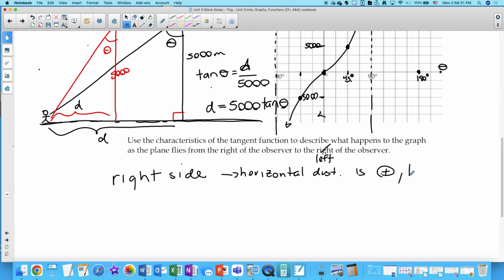Okay, what about when it's right over the observer? So here's the observer, here's the plane. What's the horizontal distance there? 0. And the tangent? 0, yeah. So that's this point here, 0, 0. This is when the plane is right over the observer.